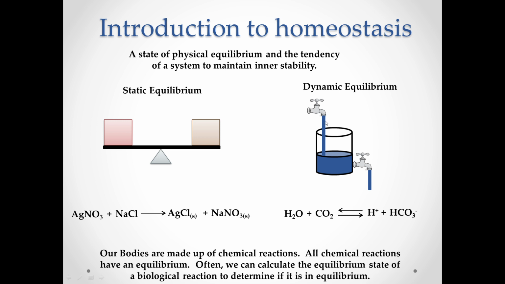But if someone were to increase the amount of water being filled into the container, then this container would begin to increase in volume, and that equilibrium would no longer exist. Likewise, if you were to remove water at a more rapid pace, then the amount of water within this container would drain. And so this is a dynamic equilibrium because it involves the continual addition and or removal of, in this case, water.